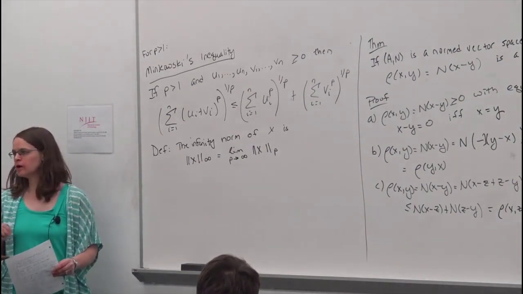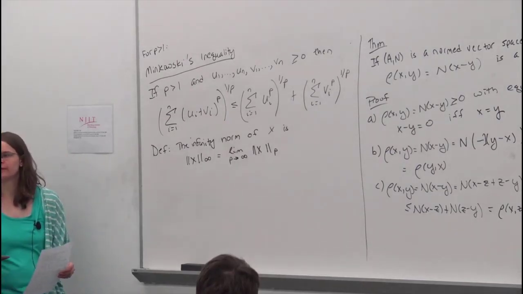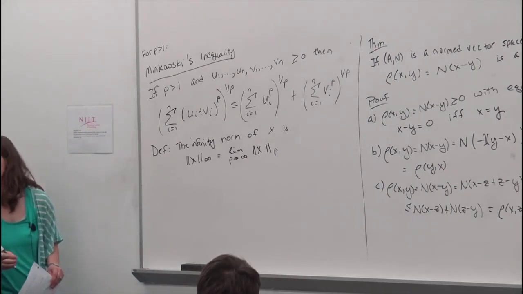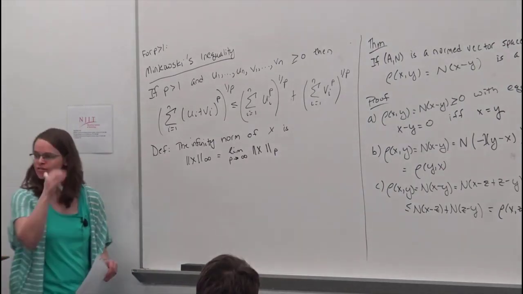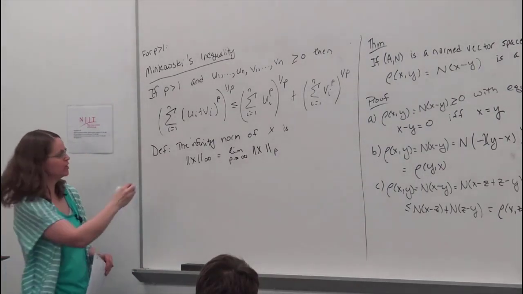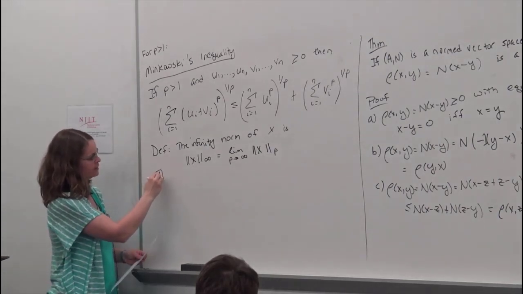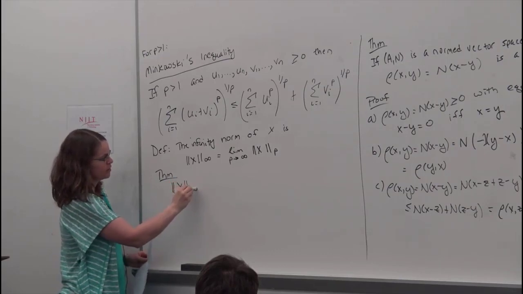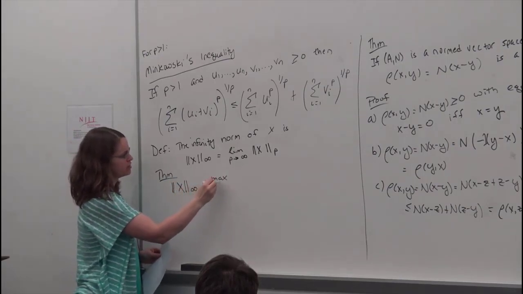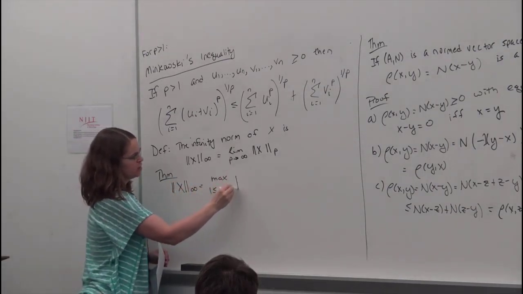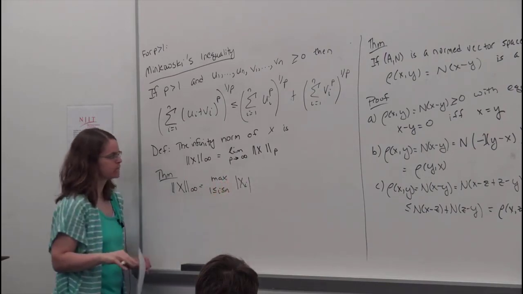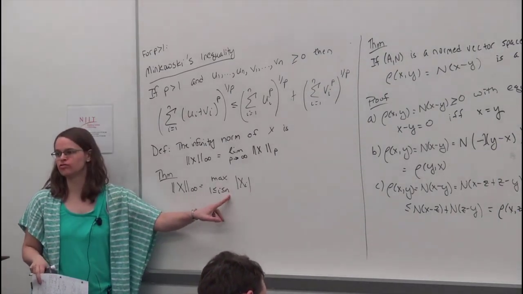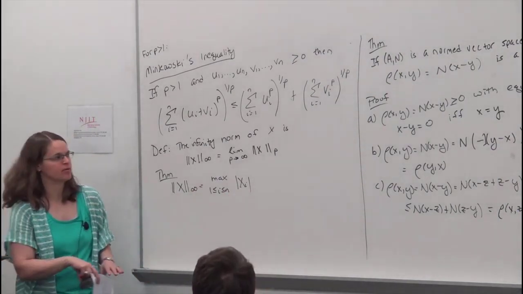And this is also a popular norm for some applications. I'm an infinity norm person myself, but depending on which faculty you talk to, some of them love the two norms, some of them love the one norm. It depends on your problem. So x infinity is the largest of all of these components. Maximum is not a problem here because there's just a finite number of things that I'm taking a maximum of.